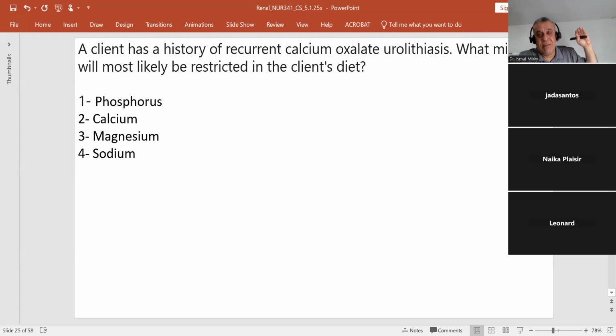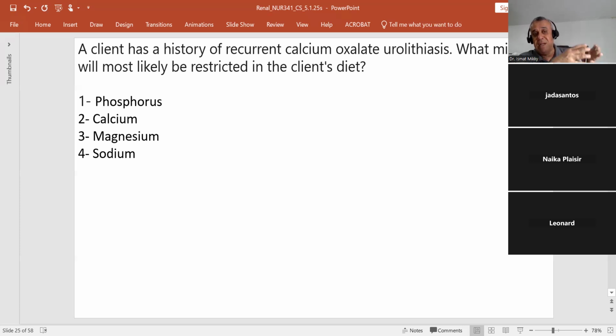So a high sodium diet may increase the calcium excretion in urine and stone formation. That's why patients with a high tendency or a history of kidney stones will be on a sodium restricted diet. If the recommended allowance is 2 grams, they should not exceed that.